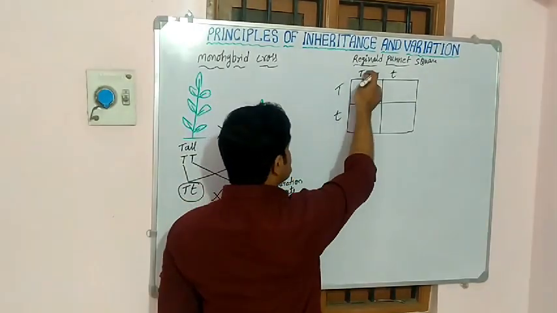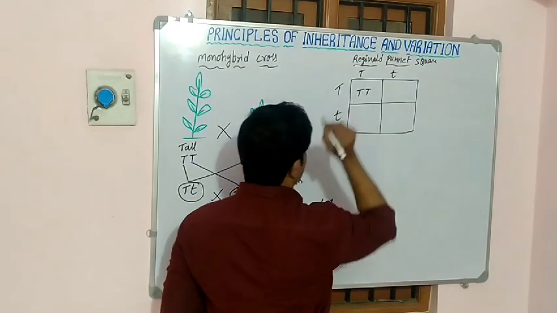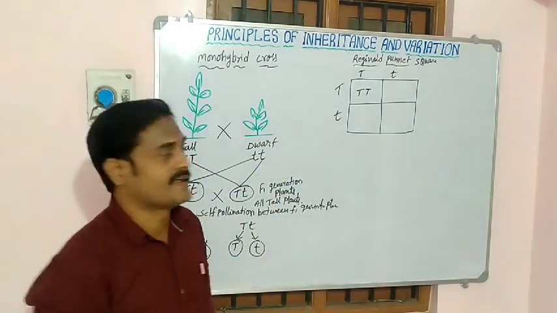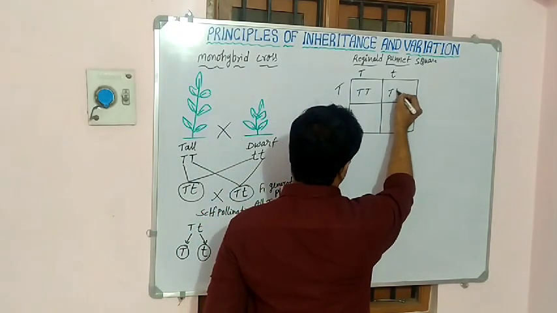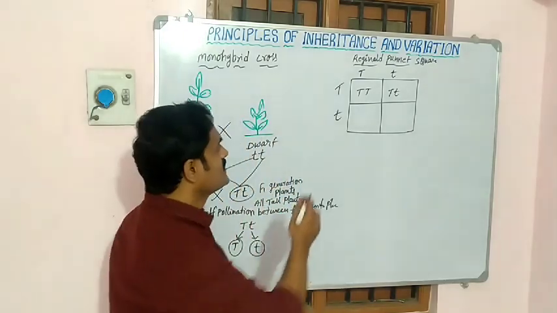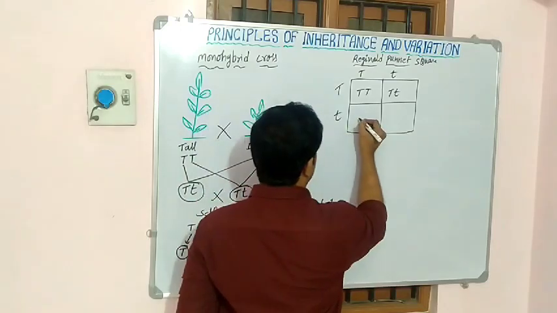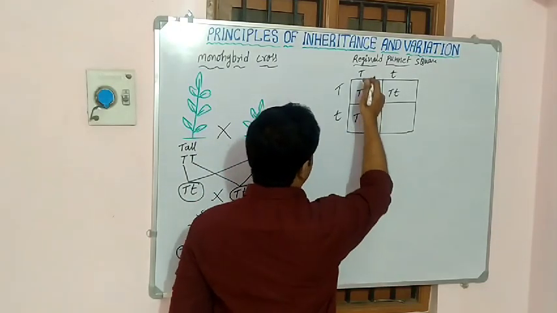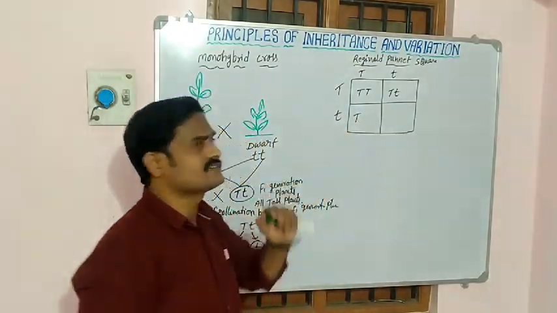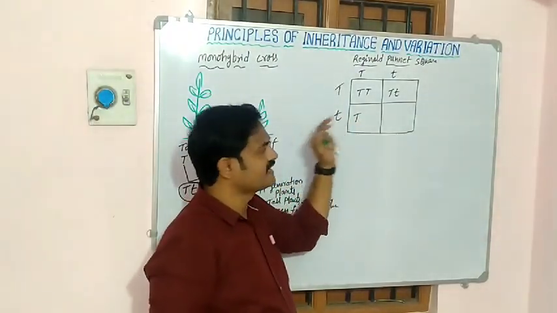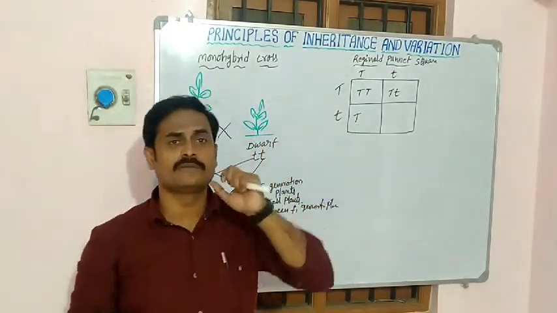Capital T is fused with the capital T. What kind of plant will form? Capital T, capital T. This is one type of plant. Then capital T is fused with the small t, capital T, small t. This is the second type of plant. Then small t is fused with the capital T. This is one more type of plant. If a capital letter is present, you have to write the capital letter first, not the small letter, because the capital letter indicates the dominant character.